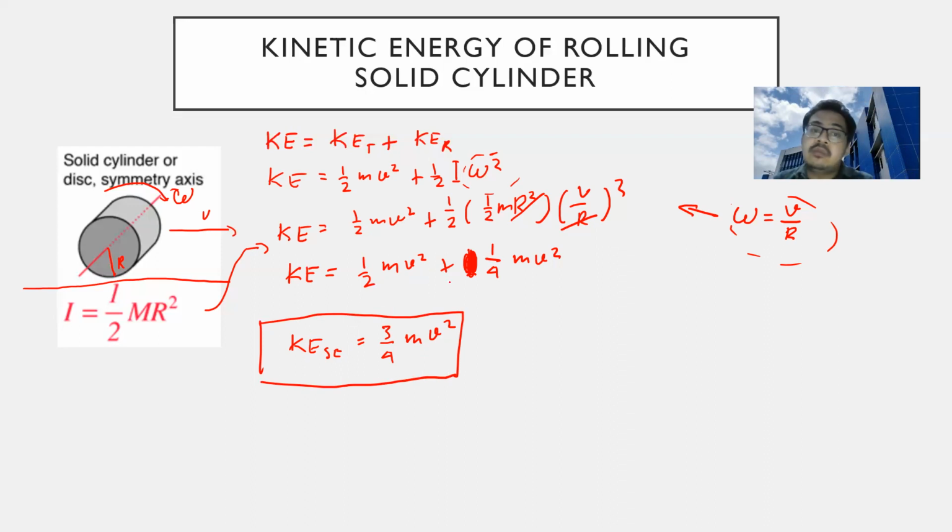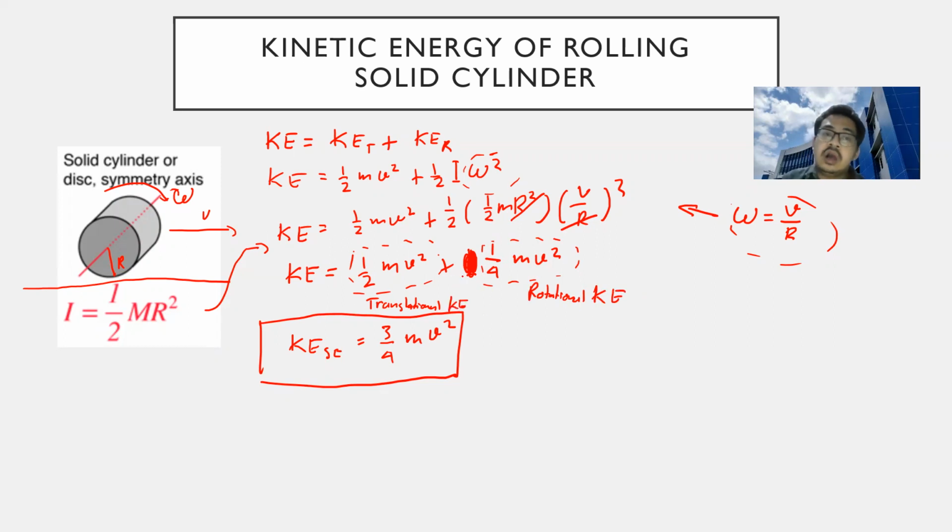But you need to remember that this term is the translational kinetic energy. It will always be the same as we have studied before. And this one term here is rotational kinetic energy.